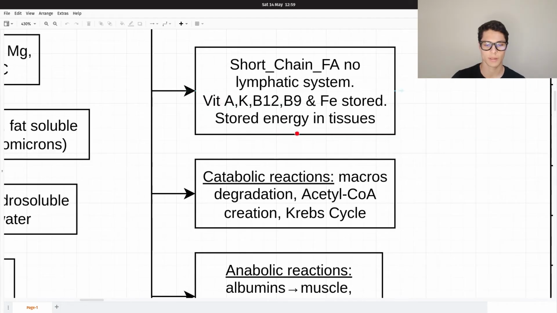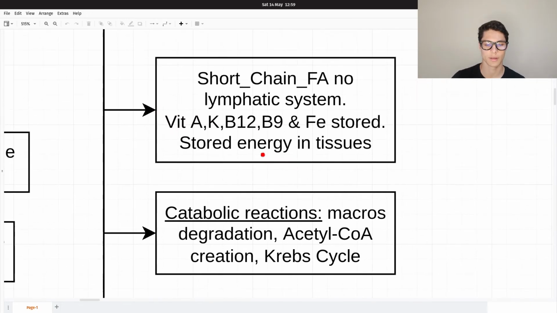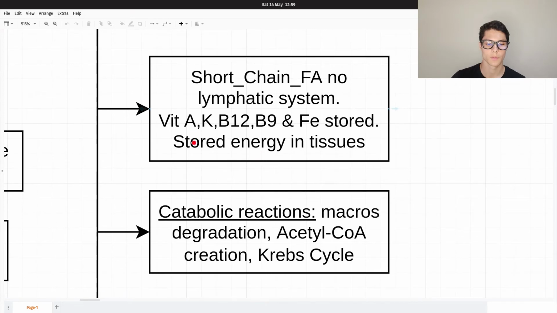You have to know that we store energy in the form of, well, the first one is glycogen. Glucose is stored in the form of glycogen. Then we have the fats in the adipocyte, which is fat storage, and the muscle, because we as humans use firstly glucose as the energy fuel, but if there is no glucose, then we start using fats as fuel.